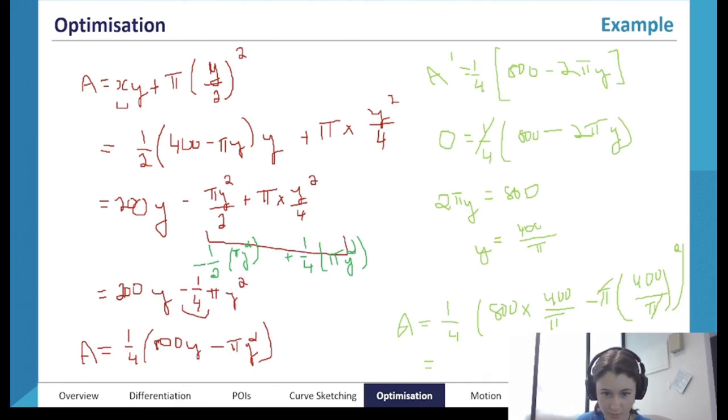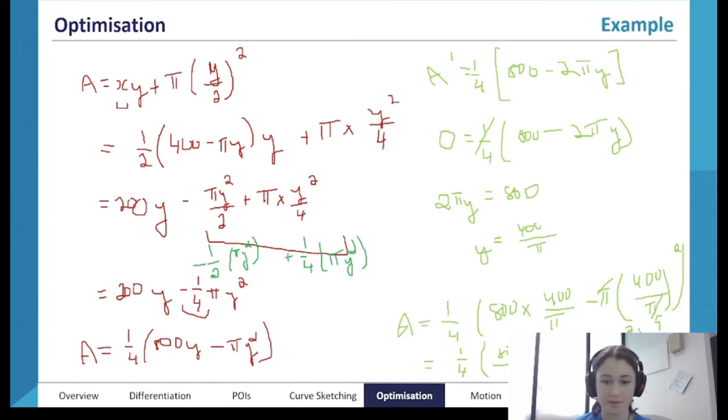So we're going to be left with 1/4 outside of 800 times 400 on pi, and then we're going to have negative 400 squared over pi, because we're going to have pi squared down the bottom here, but then that's going to cancel with the one on top.